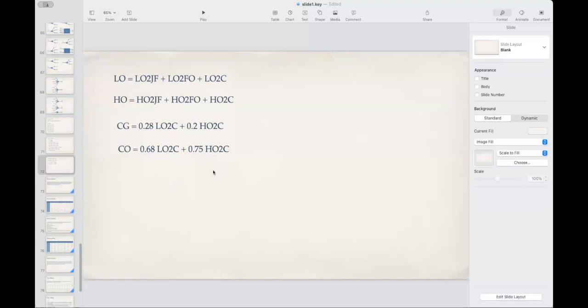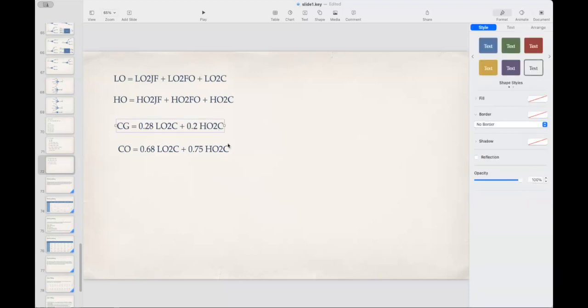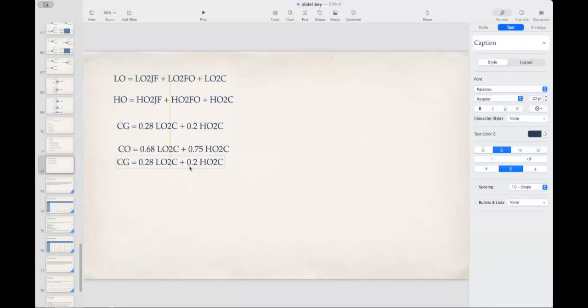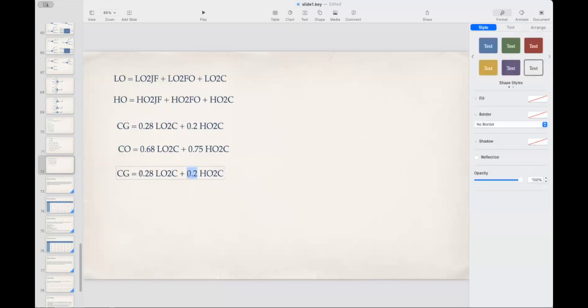And then the next one is cracked gasoline, which can be sent to two places: to RP plus to PP, right?